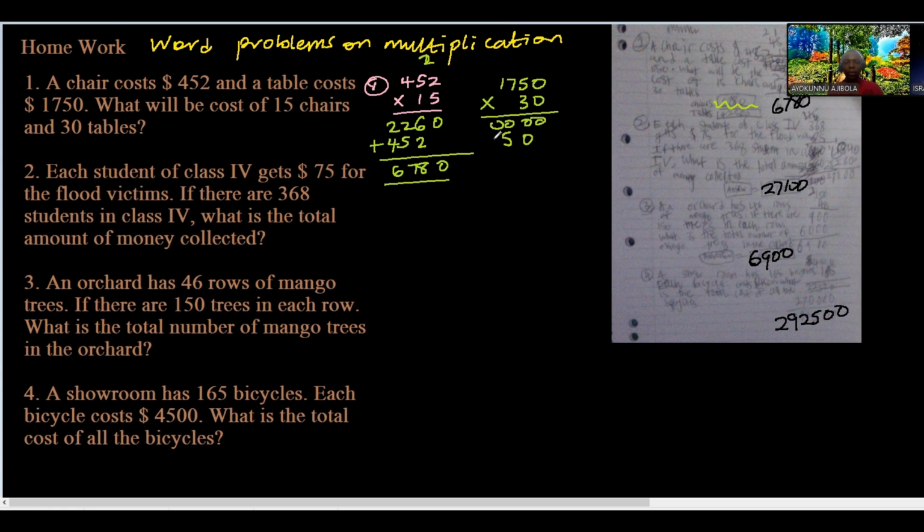You add 1, making 22. You keep 2. And 3 times 1 is 3 plus 1 is 4. So that is 52,500. So the cost now will be 6780 plus 52,500.